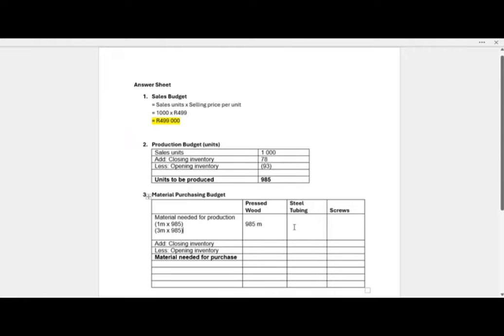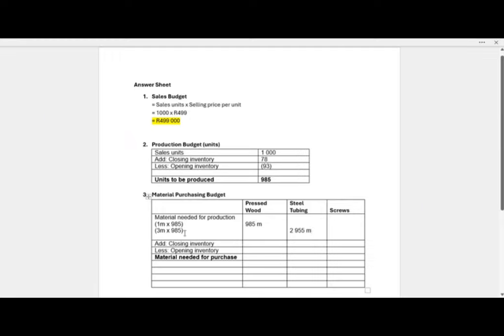Let's put that on the calculator: 985 multiplied by 3 meters. I am getting 2,955 meters. All right, that is for steel tubing.